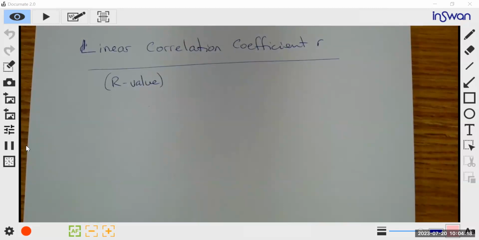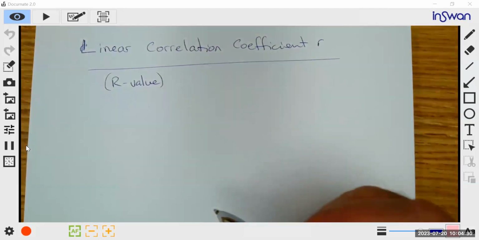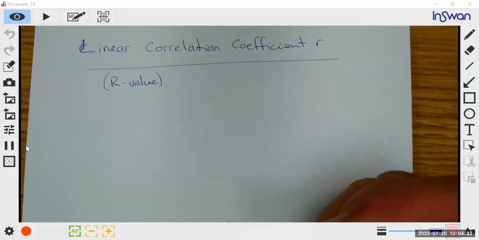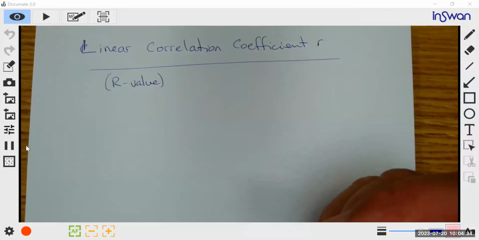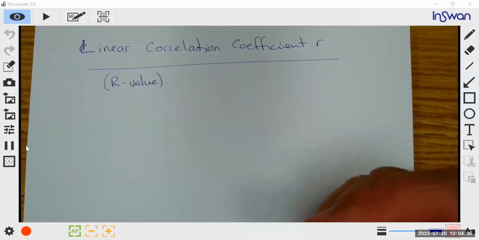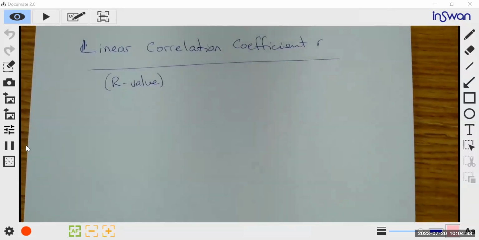In part 1, we looked at scatter plots. We saw how all this data was gathered, and then from there we estimated what the value was. Now in this section we're going to calculate it algebraically. Typically that's not done; typically we use computers or software that does it for us, but I'm going to show you how to do it manually so you have a better idea of what's going on.